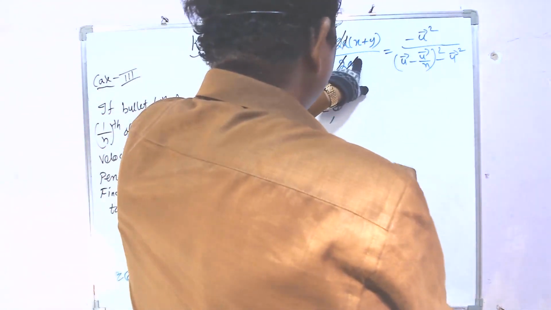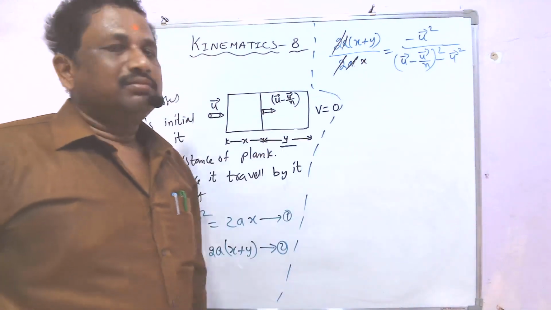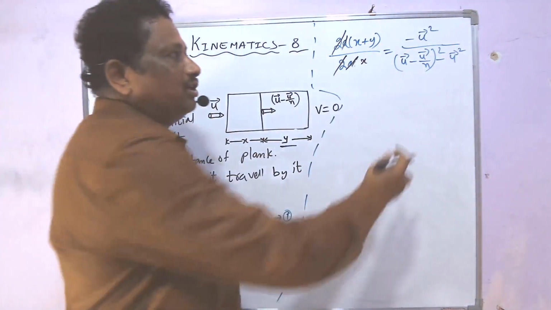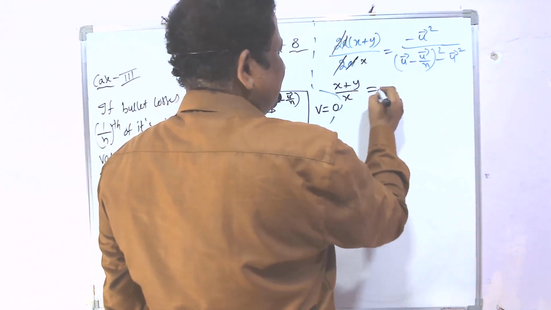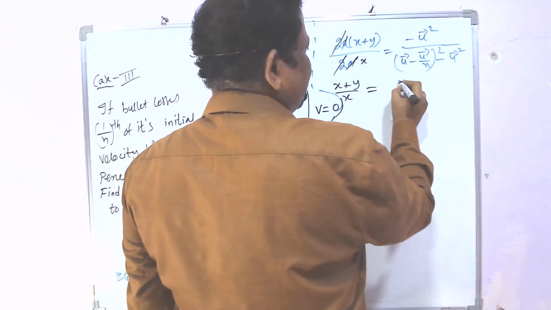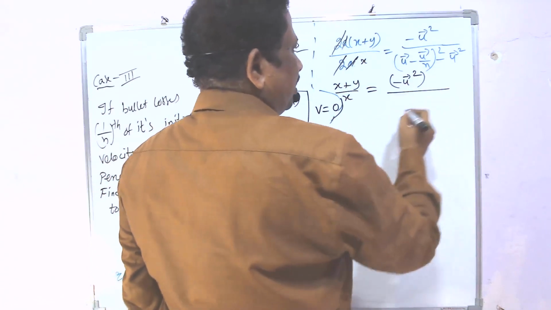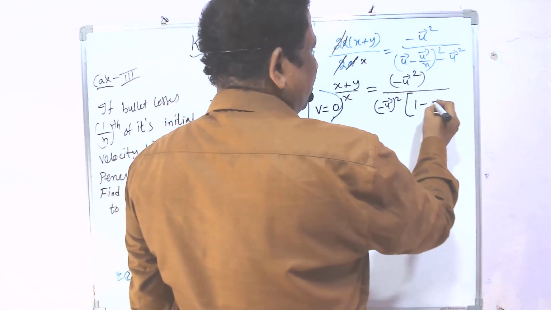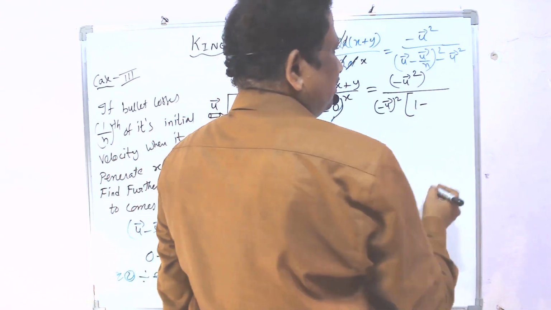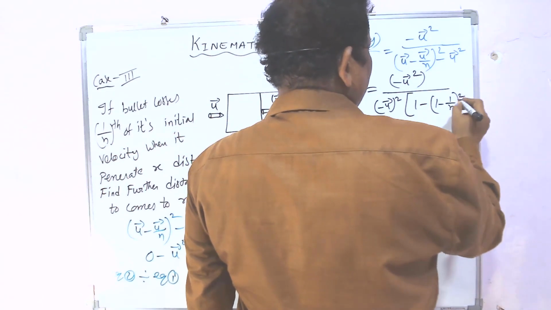So what is left behind? x plus y by x. In the denominator, you take out minus u square, so what is left is 1 minus (1 by n) whole square.